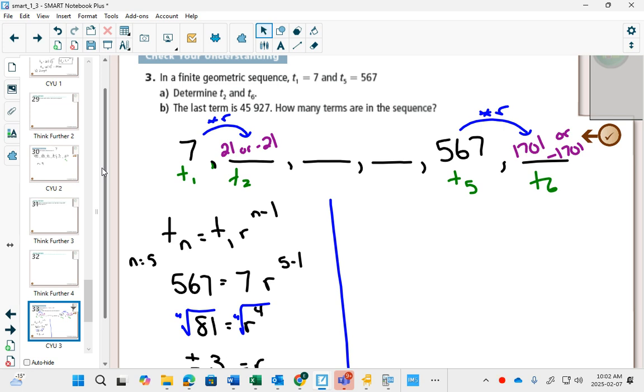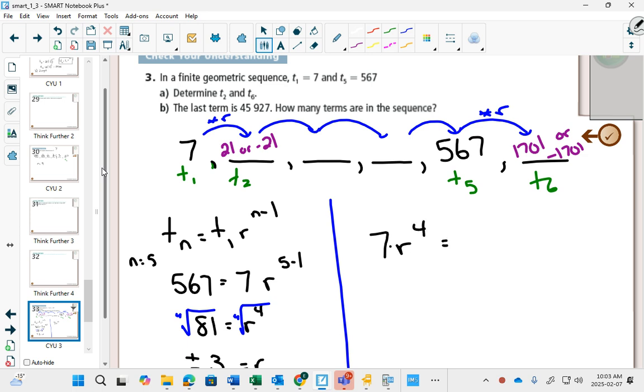But we also learned that other method where you could find r by using this idea. If I started with 7, how many times would I have to multiply by r before I got to 567? I could start with 7, and I could multiply by r 1, 2, 3, 4 times, and then I know it equals 567.